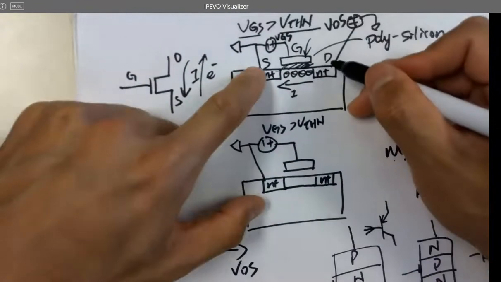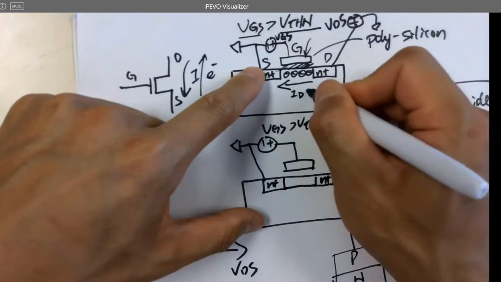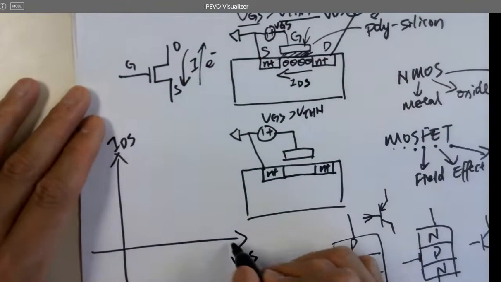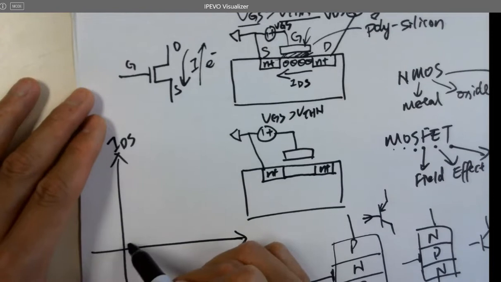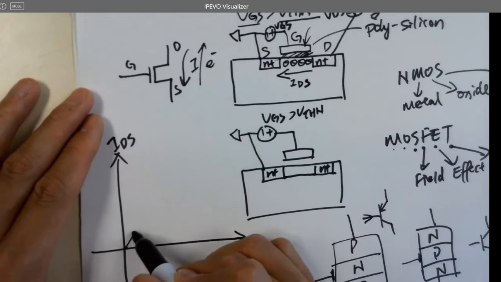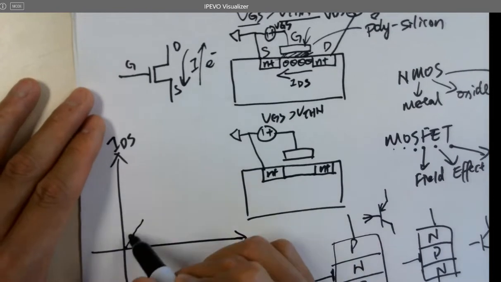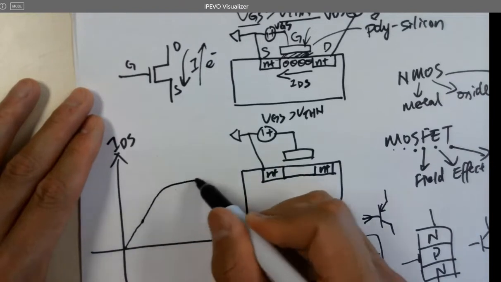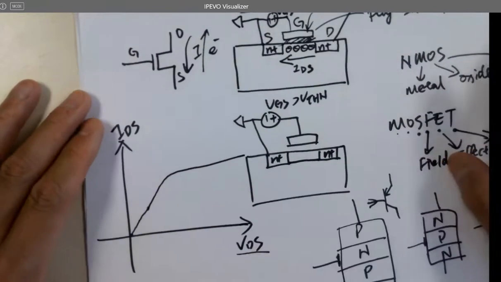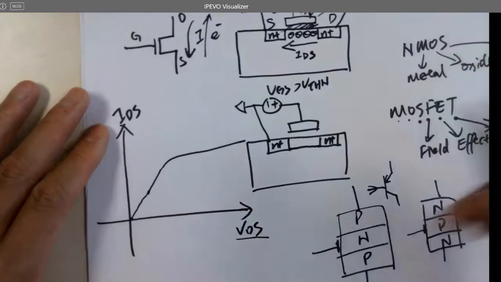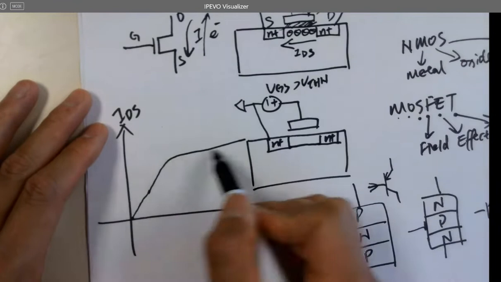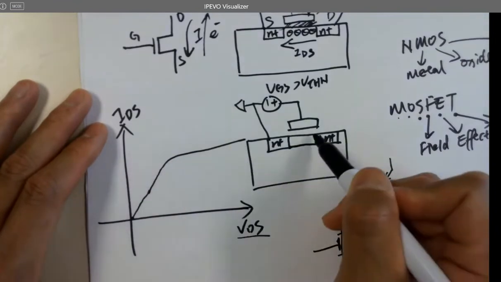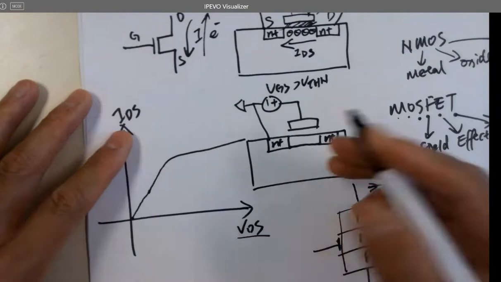Because this is D, this is S, the current is denoted as IDS. And if you increase VDS, the current starts flowing. If you increase VDS, you get more current, until some point, it saturates. But it's not perfectly saturated as a constant current. It's just going up a little bit. The reason for that is called channel length modulation.